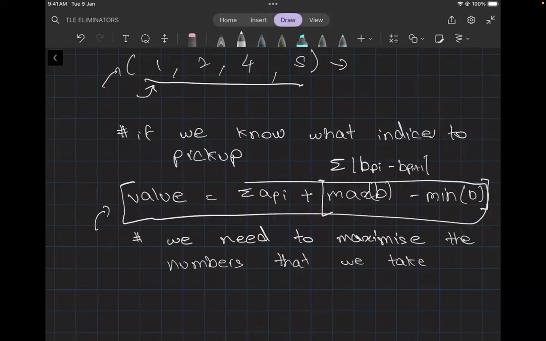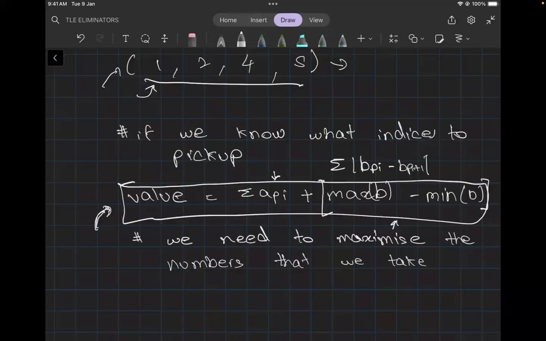I came to know about this observation that summation API remains constant, like we can't really change that. But depending upon the order, it is just max B minus min B. This will give us the minimum value possible.